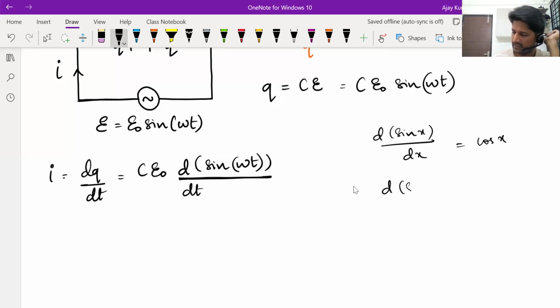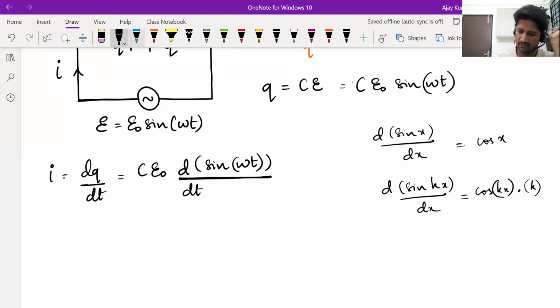But if you have to differentiate something like, let's say, sine kx with respect to x, what should be done? You'll have to apply the chain rule for differentiation. You differentiate the sine function, it becomes cos kx. And then you have to differentiate what is inside the sine function also. Kx derivative will be k.